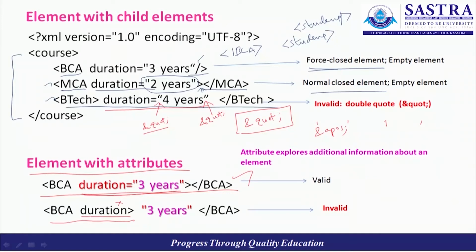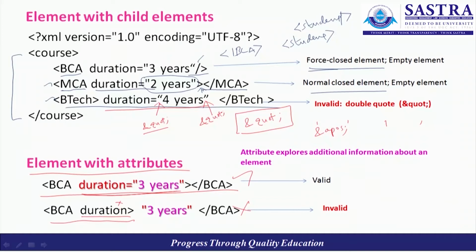The duration is incomplete, so this is invalid. This XML element BCA is invalid because the duration is an attribute not fixed with a value.